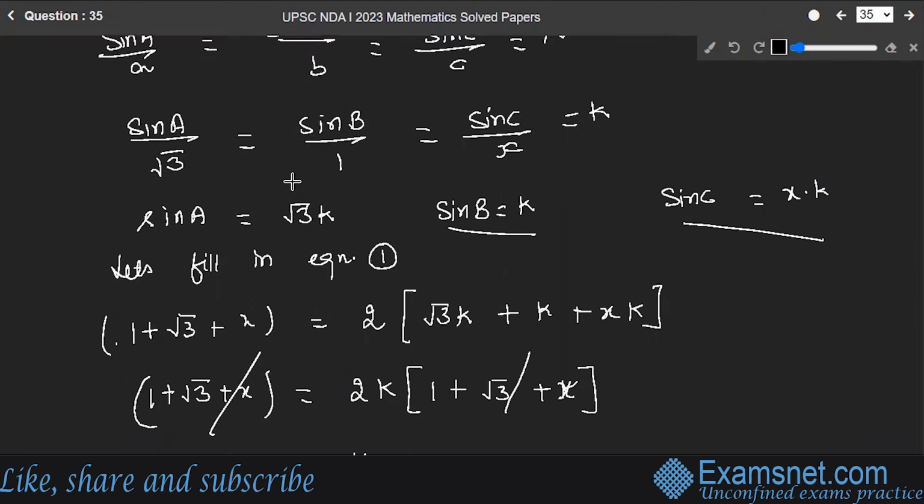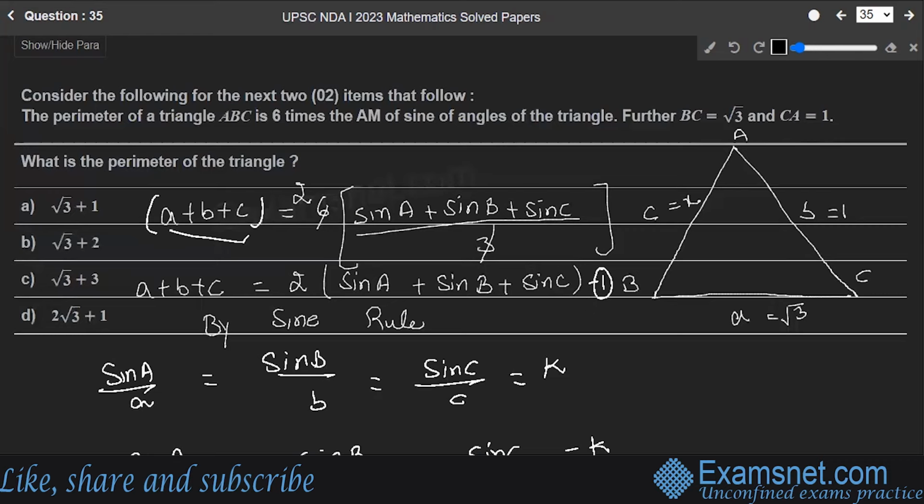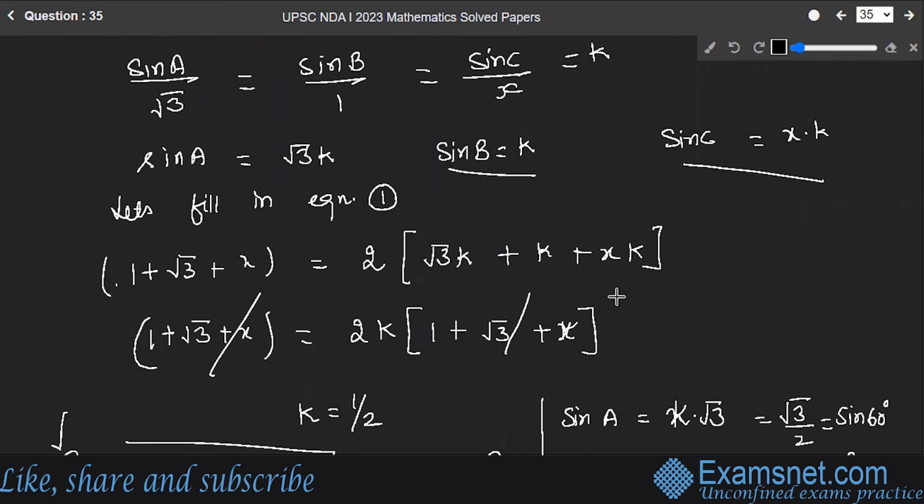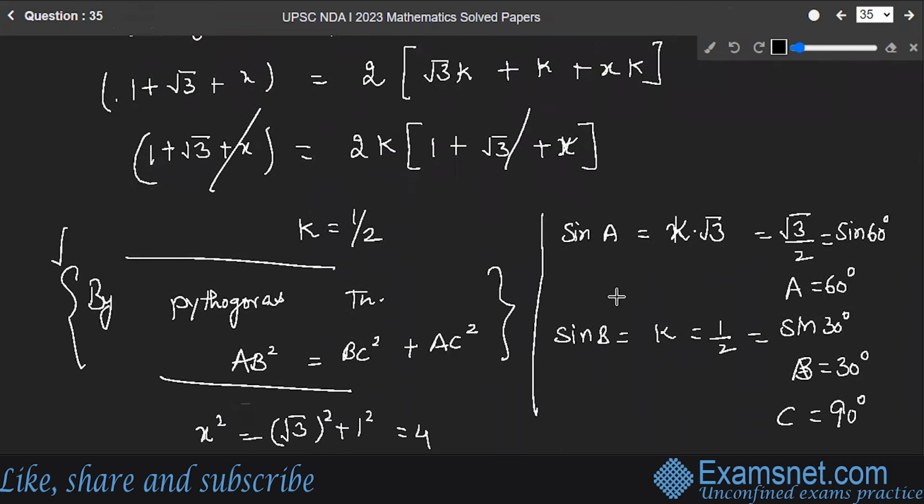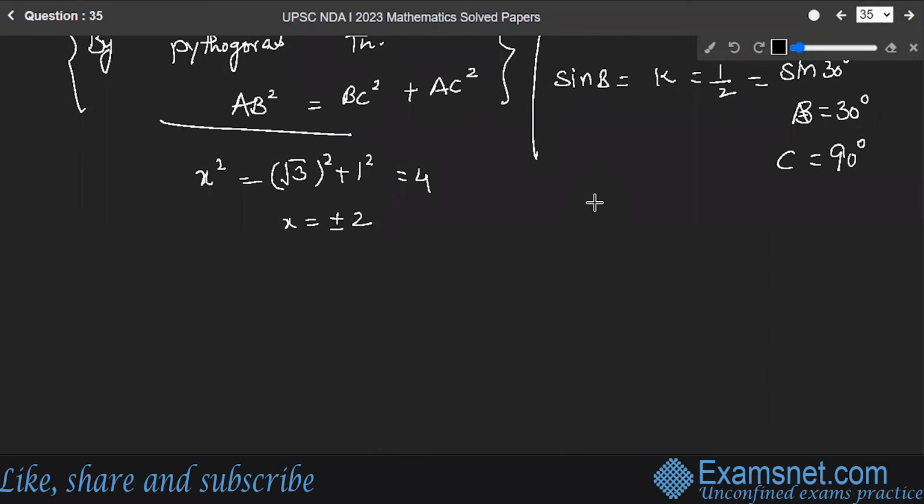I filled it into the first equation to get the value of k, which came out to be half. When I got the value of k as half, I saw that sine A and sine B gave me angle A as 60 and B as 30, which definitely means angle C is 90 degrees, which helped me apply the Pythagoras theorem and find the value of x. Now the whole sum can be stopped over here.